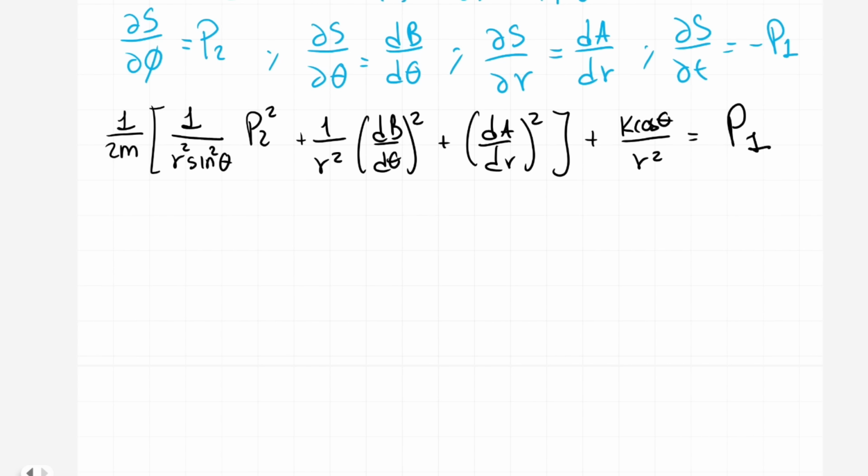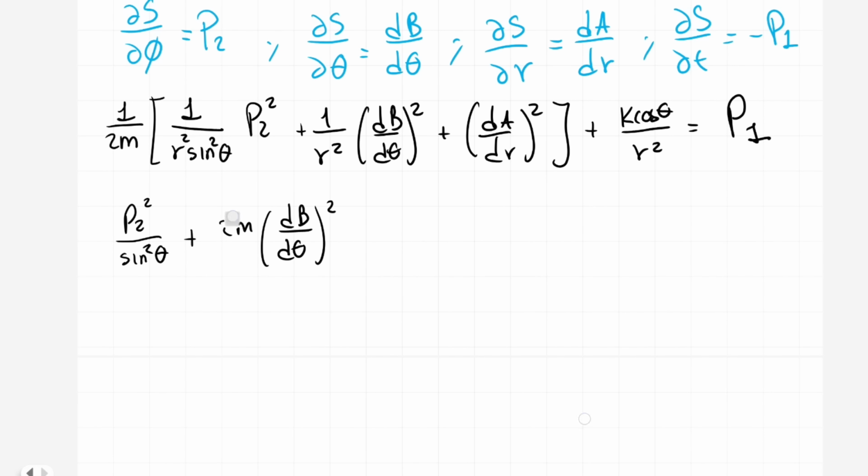So we are going to multiply all this equation by the factor 2mr squared, and we are going to get p2 squared divided by sine squared theta plus we will get 2m, the derivative of B with respect to theta squared. Actually, no, this will be alone, right?